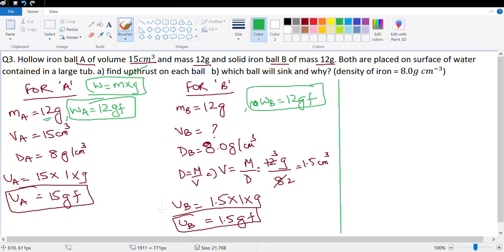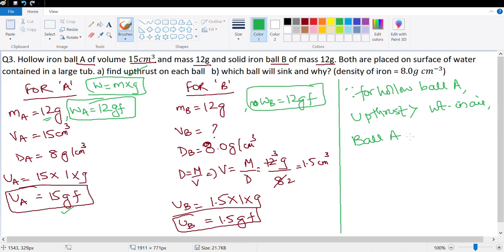Now in case 1, where the hollow ball is, it will float because the upthrust is more than the weight. So since for hollow ball A, upthrust is more than weight in air, ball A will float.